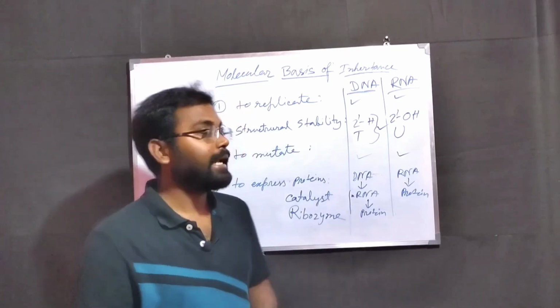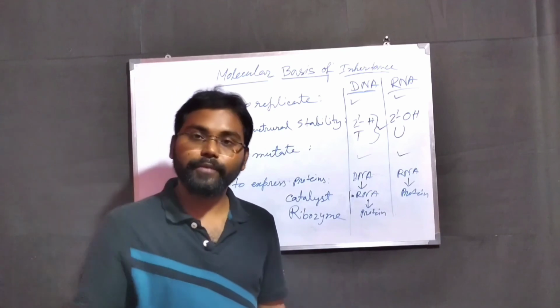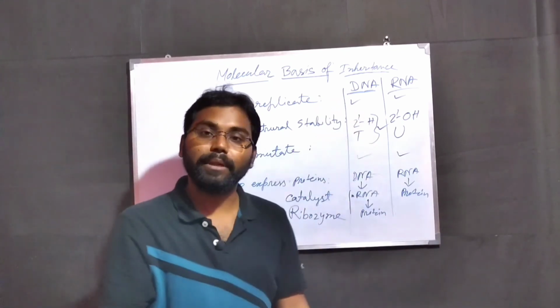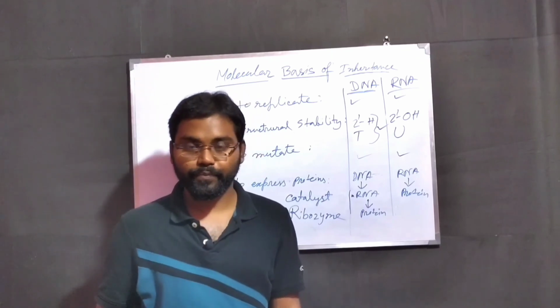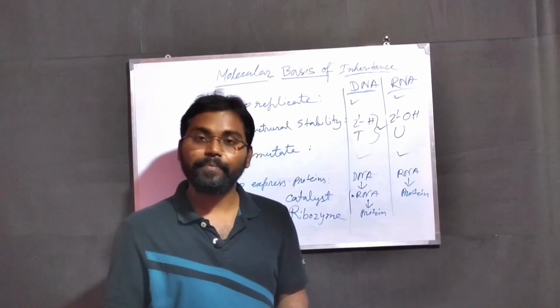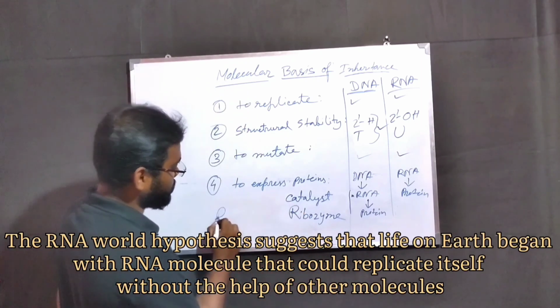During evolution, DNA evolved from RNA with chemical modification, and that's why DNA is more stable than RNA. So RNA was the first genetic material, and this hypothesis is called the RNA world.